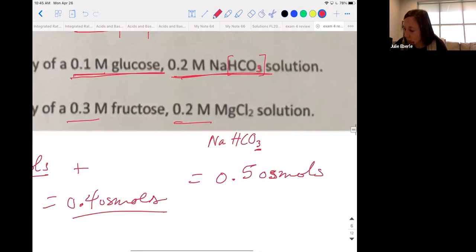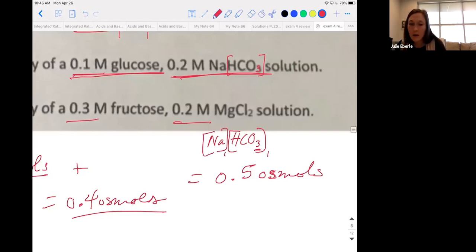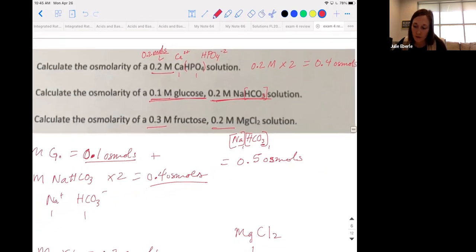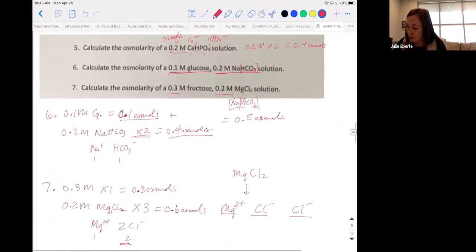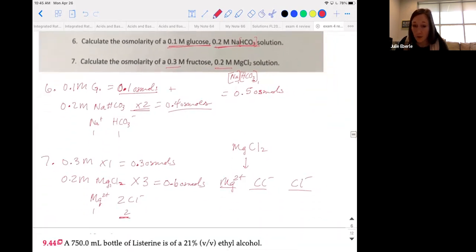It just means I got 1 bicarb and I got 1 sodium. So 1 and 1 means I get 2 particles there, and that's why we multiplied it by 2 here. But here I'm looking at a compound where I'm going to get 3 particles every time it dissolves. So that's why we got 0.6 plus 0.3. Yes, it is 0.9 osmoles.